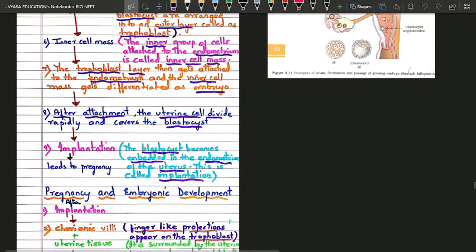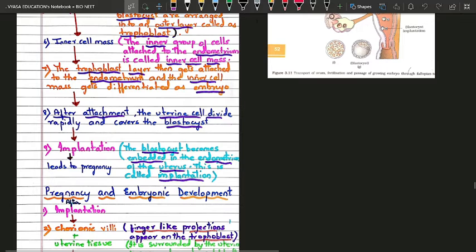The trophoblast is the outer layer, and the inner cell mass gets differentiated as an embryo, the growing embryo, the child. After attachment, the uterine cells start dividing rapidly and covering the blastocyst, to protect the growing embryo.